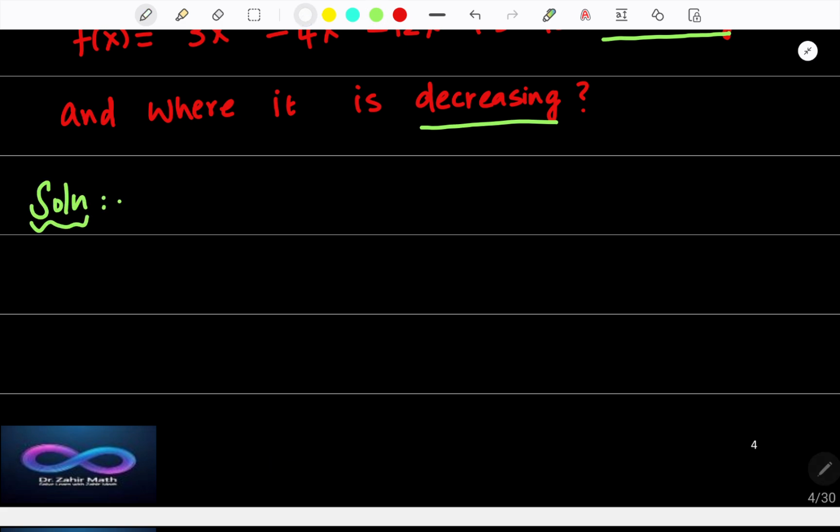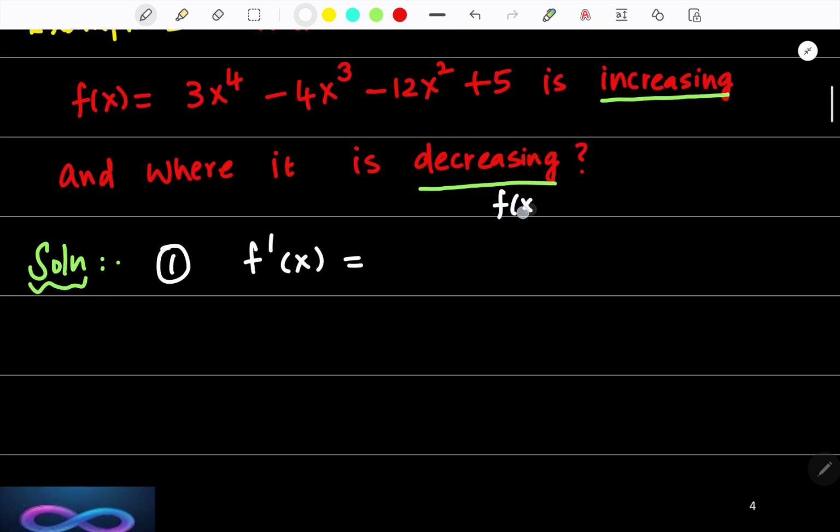What is step number 1? Find f dash of x. Your f of x is 3x power 4 minus 4x cube minus 12x square plus 5.